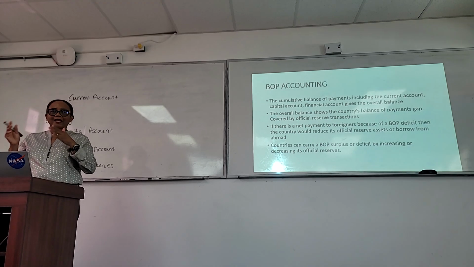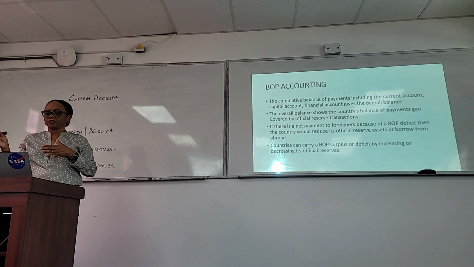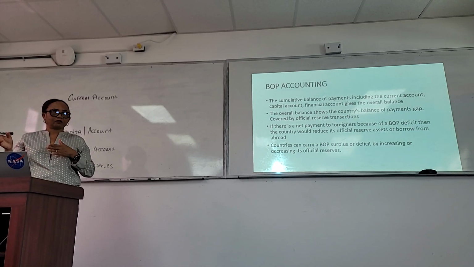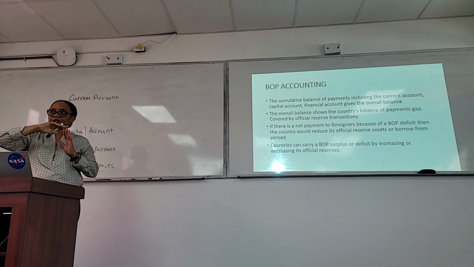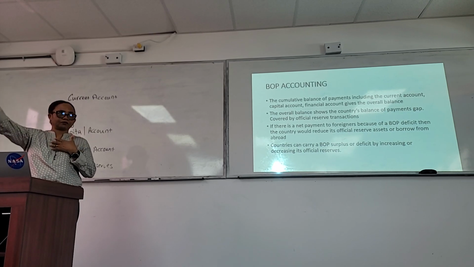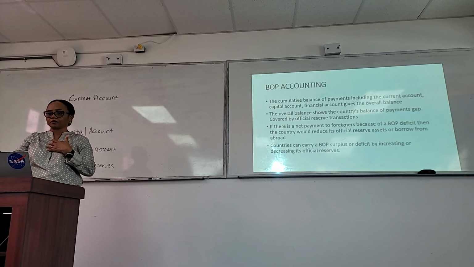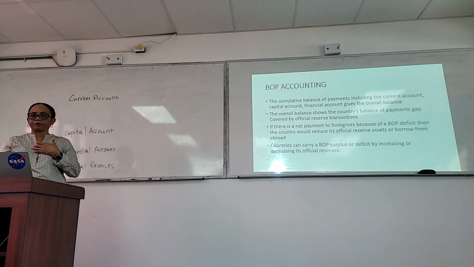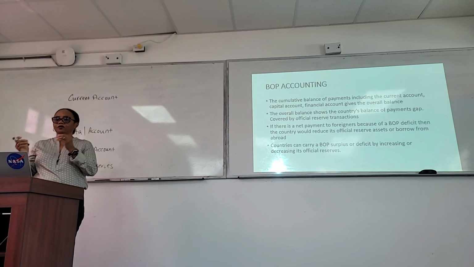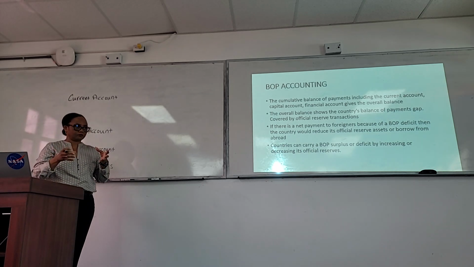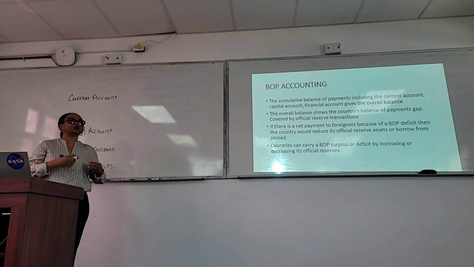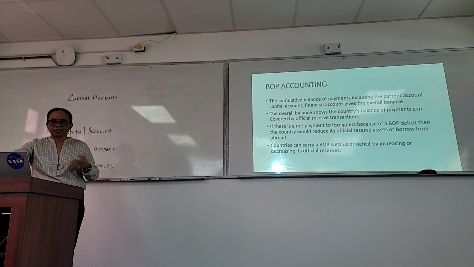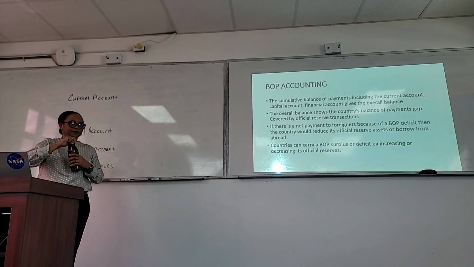So if there's a net payment to foreigners, a net outflow, so you are importing and sending more money out, that results in a balance of payments deficit, and it reduces your official reserves, which is what I just explained.